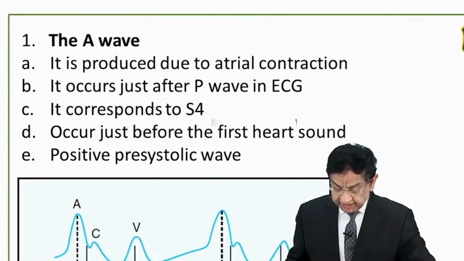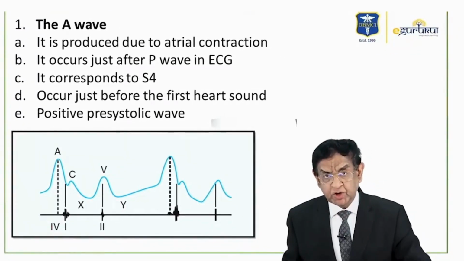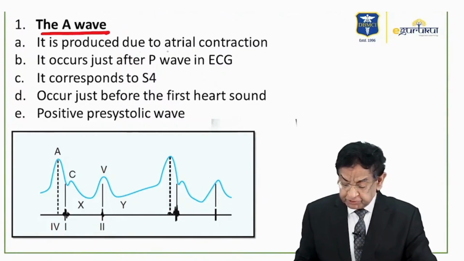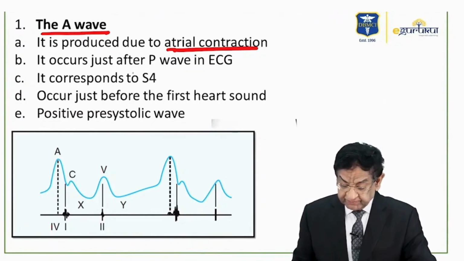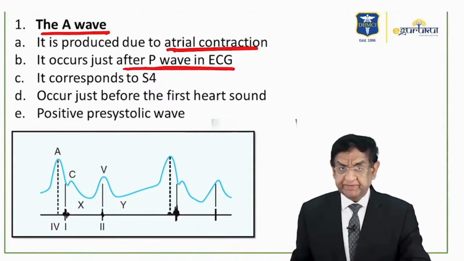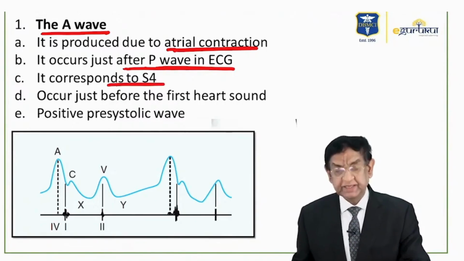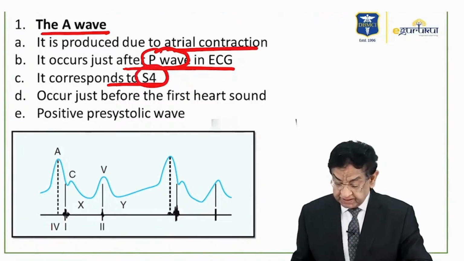So now I'll be talking to you regarding the different types of waves that we get in JVP. We'll take one by one. First, we learn the normal physiology. The A wave is produced due to atrial contraction, and definitely it will come just after the P wave. In ECG, the P wave is produced due to atrial contraction. So it corresponds to S4 in the heart sound. It corresponds to the P wave in ECG and S4 in heart sound, and it occurs just before the first heart sound.